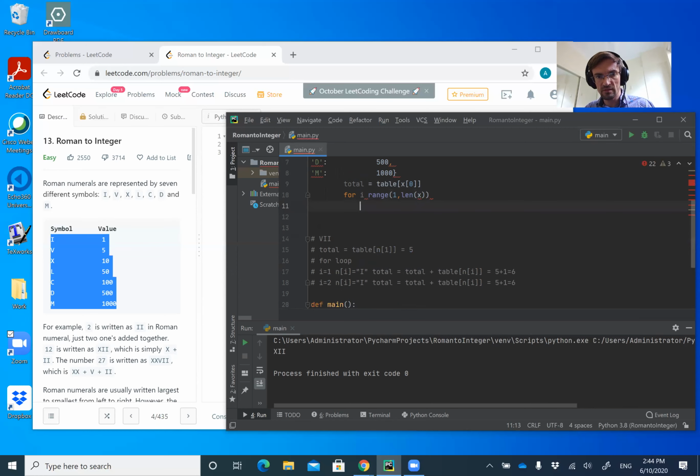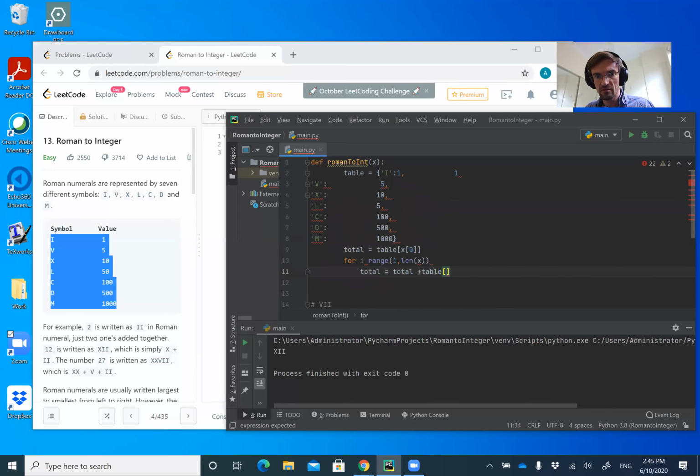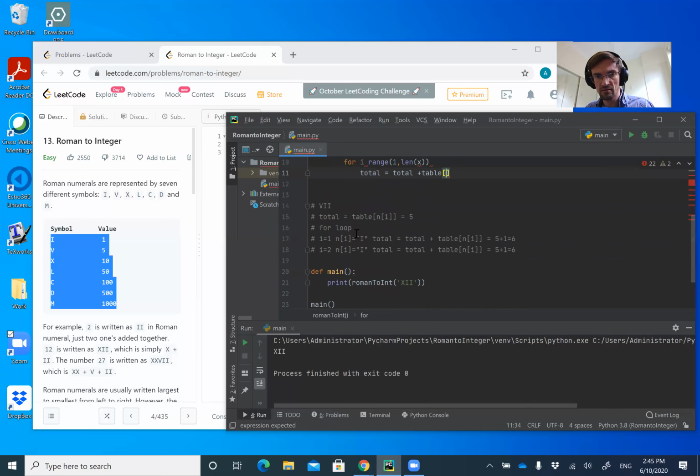What we simply do is we take total and add it to total plus table of s of i. It's not n, it's x. Is it called x?